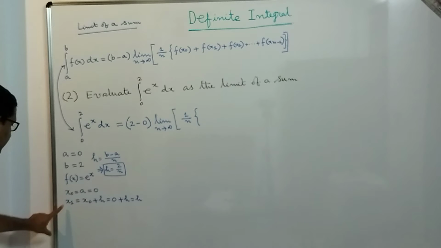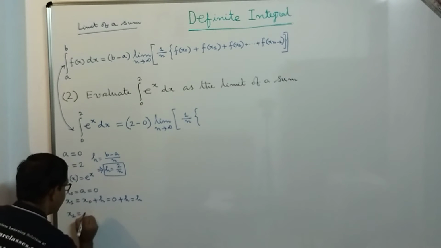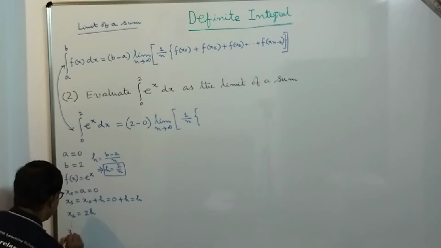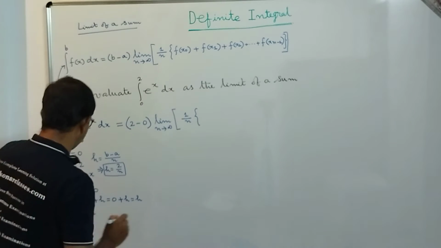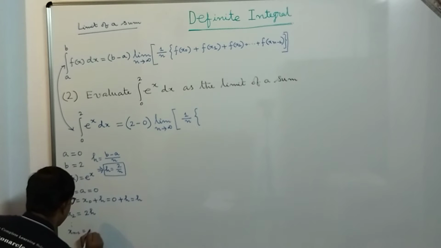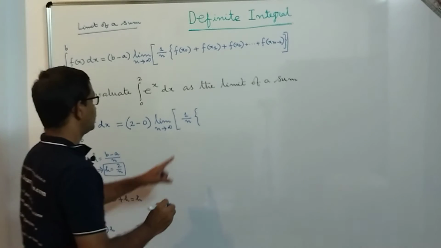So x0, x1, what will be x2? In the similar manner, x2 will be x0 plus 2h, x0 is 0, so it will be 2h. In that way you will get that x of n minus 1 will be (n minus 1) into h. So what it will be?